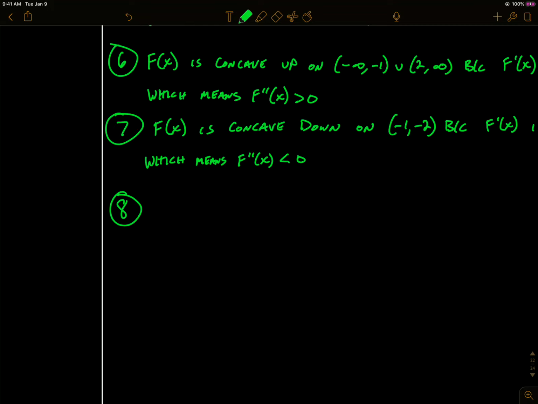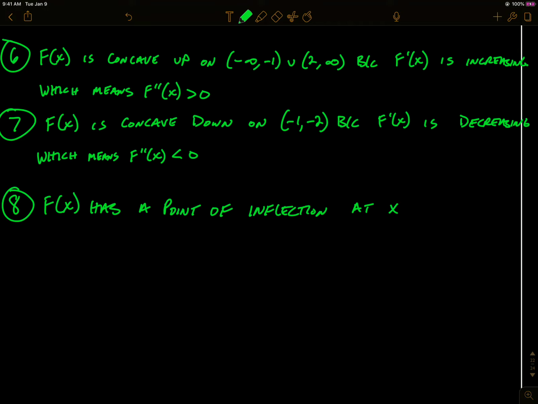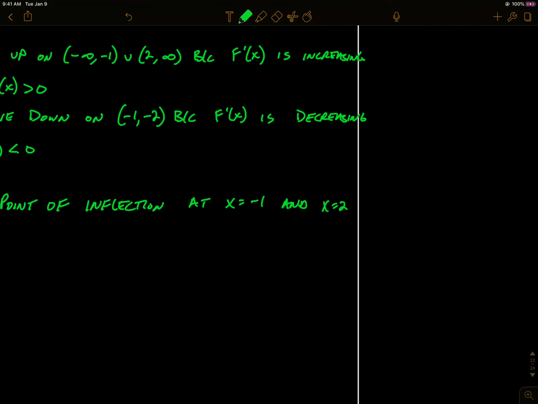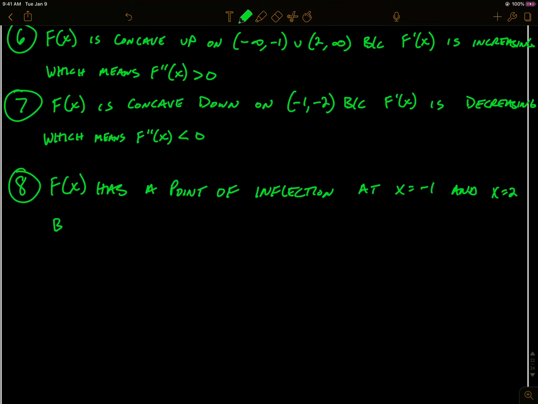Number 8, we can say that f of x has a point of inflection at x equals negative 1 and at x equals 2 because the derivative has relative extrema.